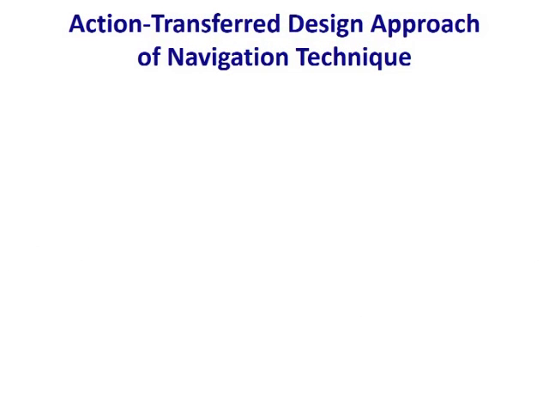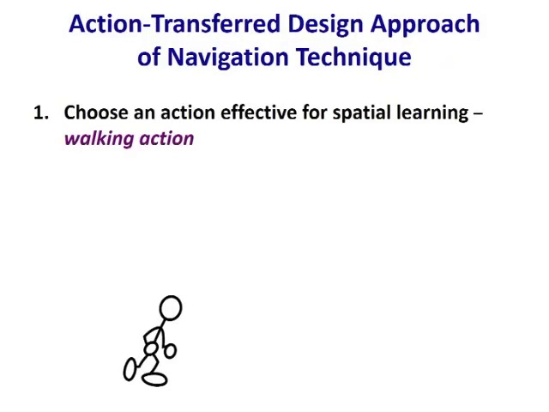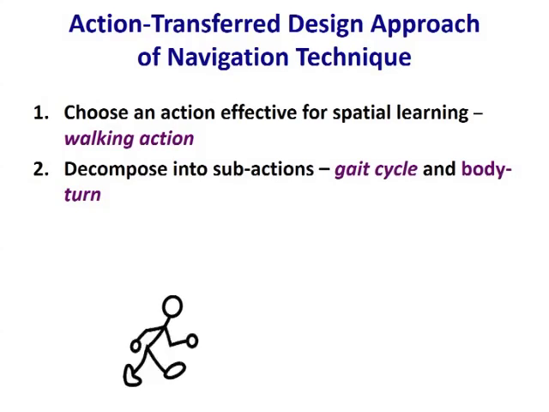Here is our suggested action transfer design approach of navigation techniques. First, you choose an action effective for spatial learning. Based on literature review, we chose walking action. Secondly, you decompose the chosen action into sub-actions to find the simplified motor patterns.